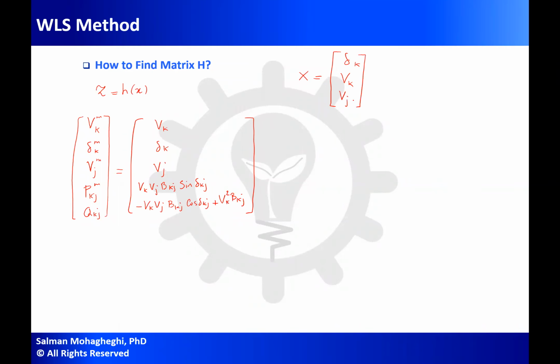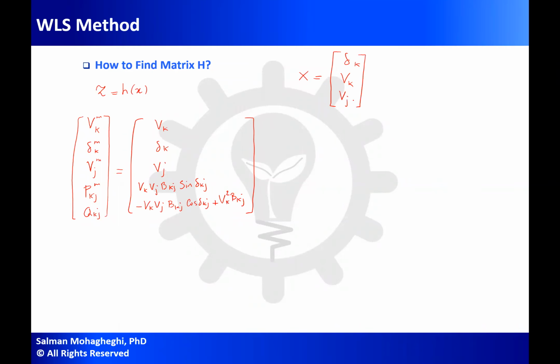So the matrix H will be the derivative of all the h's with respect to all the x's. So let's go ahead and form that matrix so you know how you would have to find the entries of that matrix.